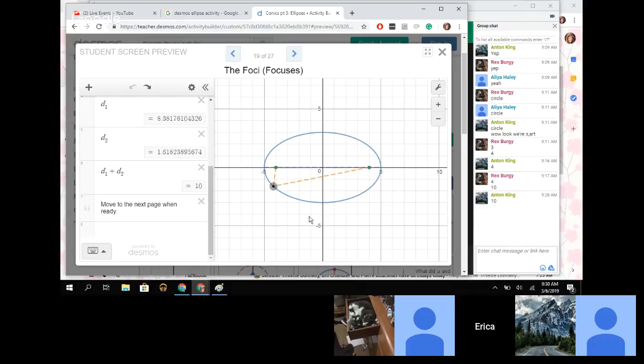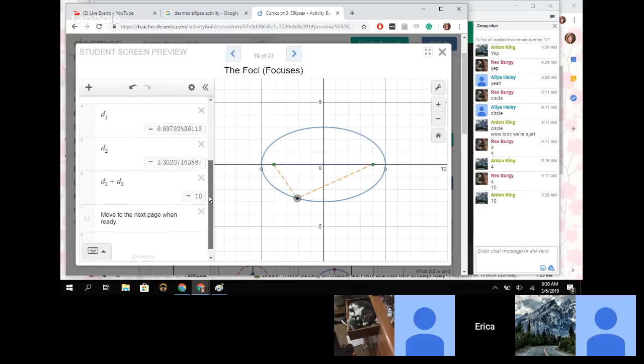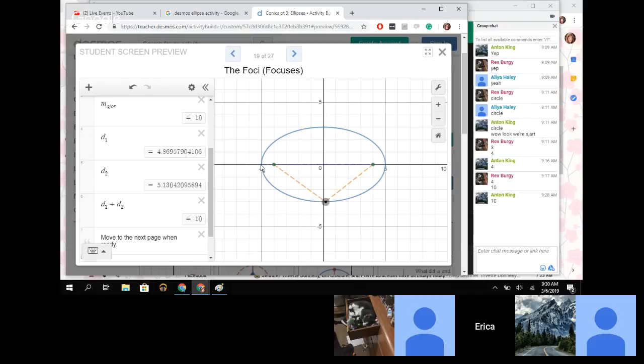Does this visual kind of make sense as it's going around here? So the distance between the two vertices is 10, and we call that the length of the major axis. Also, if you find your two focus points and you take that distance of 10, then for any point on the ellipse, the sum of the two distances will be equal.